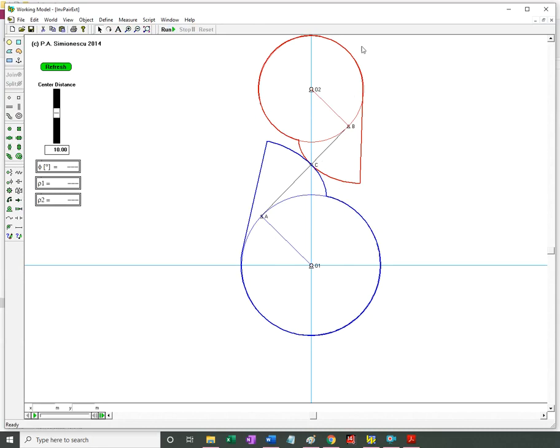So what you're looking at is one sheave and the other sheave of the cross belt transmission. Imagine a pencil now attached somewhere in between the two points of unwrap.